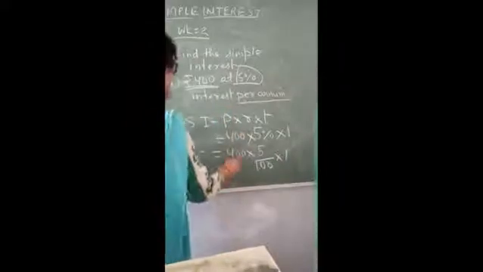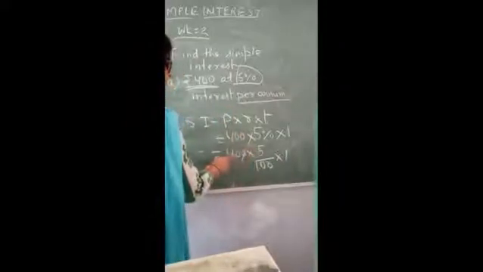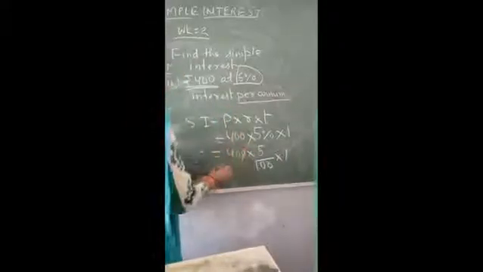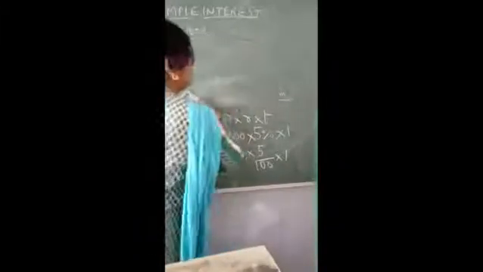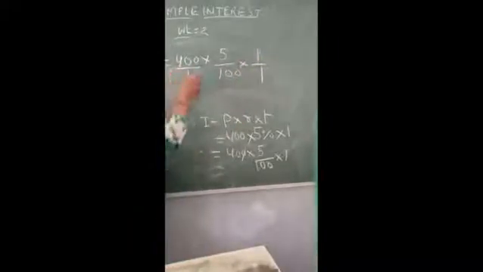Writing 400 as 400 by 1 and 1 as 1 by 1, the two zeros in the numerator and the two zeros in the denominator cancel.